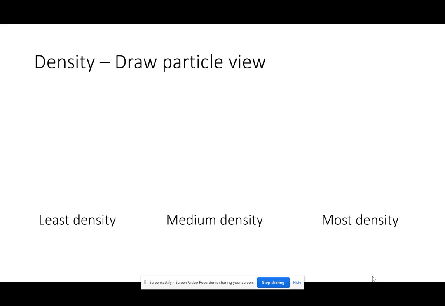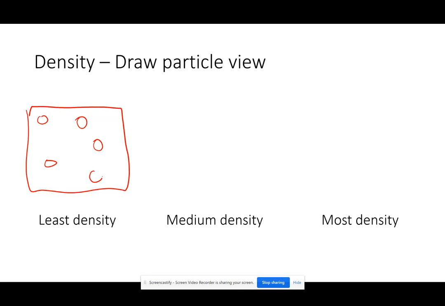If we were to zoom in really close on substances that aren't very dense, we would see that their particles would be very far away. They take up large amounts of volume.